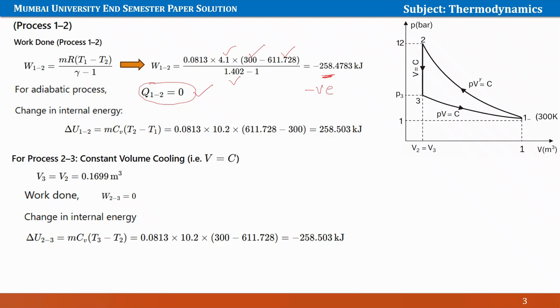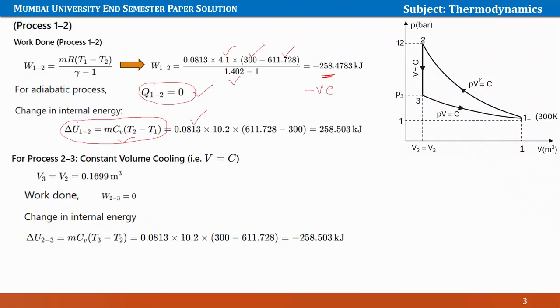Now change in internal energy. As internal energy is a function of temperature, we can find out the change in internal energy by this formula, m Cv (T2 minus T1). The process is 1 to 2, that's why it is T2 minus T1, final temperature minus initial temperature. So put those values.